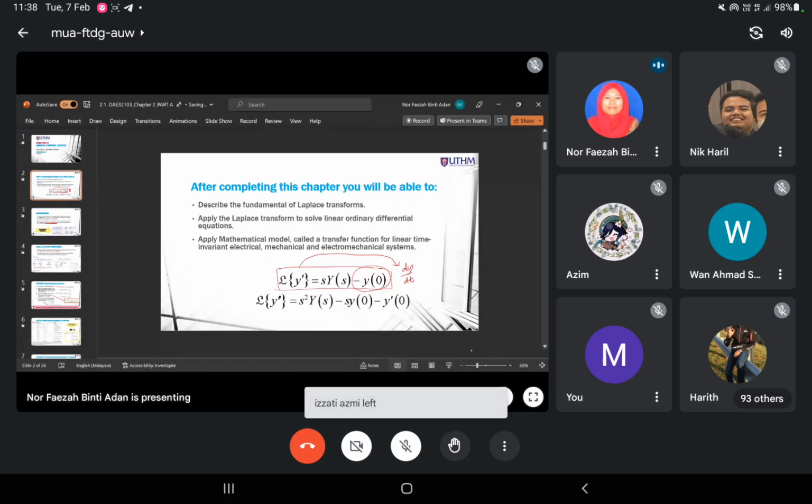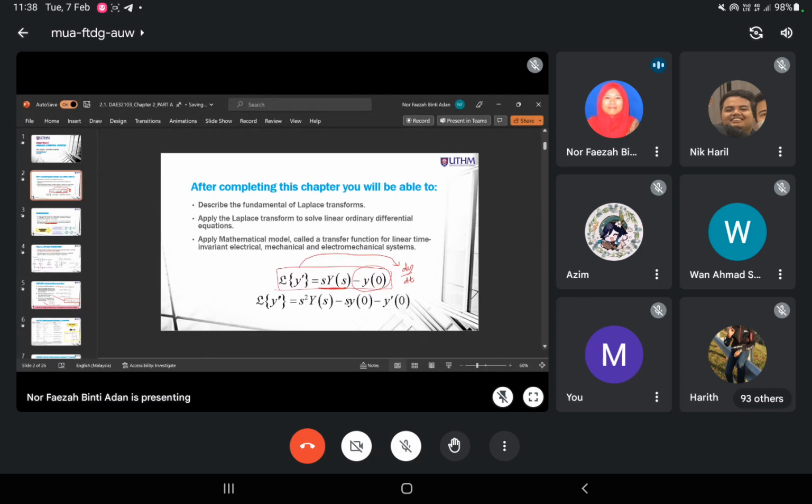And most of the time bila kita buat soalan, sometimes it mention whether it has initial condition or not. So kalau dia tak mention dia ada initial condition, then we will just assume it doesn't have initial condition lah. Okay, so we will just take this part SY(S).